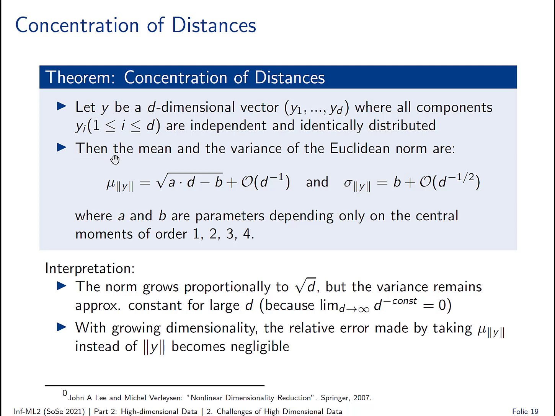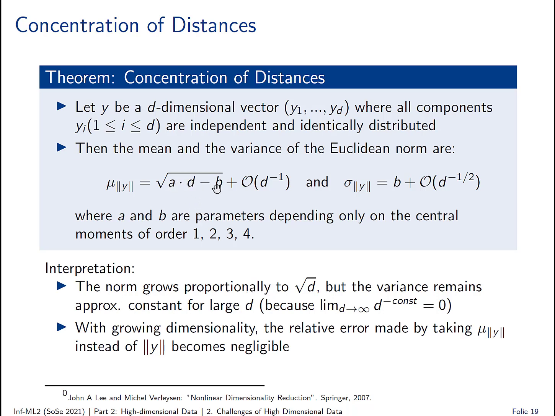What happens is that the mean and the variance of the Euclidean norm depend only on parameters A and B, which only depend on central moments of order 1, 2, 3, 4.